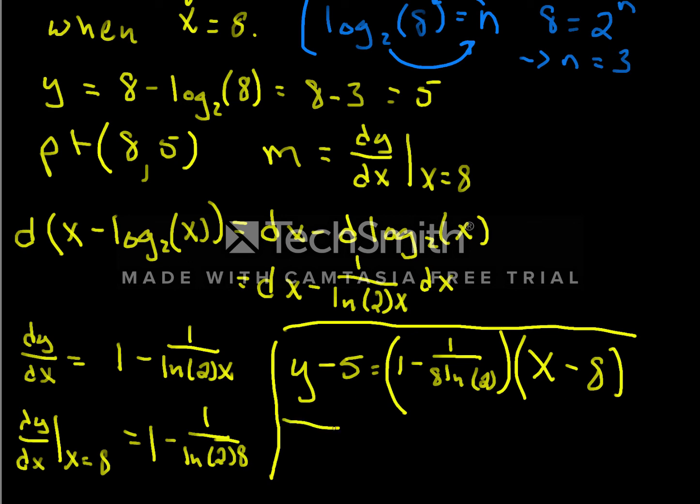And there is the equation of our tangent line. I know it looks kind of unattractive because our slope is this irrational number here, but without getting an estimate, that's as good as we can get. And it's exactly what I want.